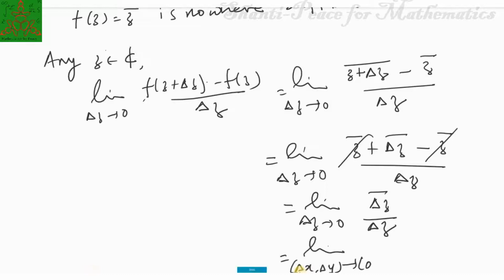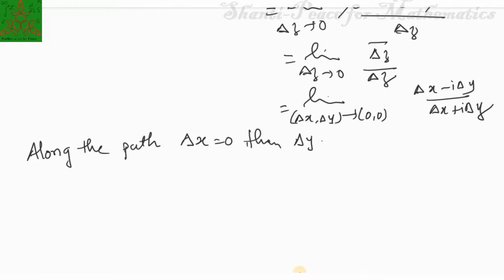If you write this in the form of delta x and delta y, then this is delta x minus i delta y upon delta x plus i delta y. Now you can take the repeated limits here itself, or you can go along the path delta x equal to 0, then delta y tends to 0.